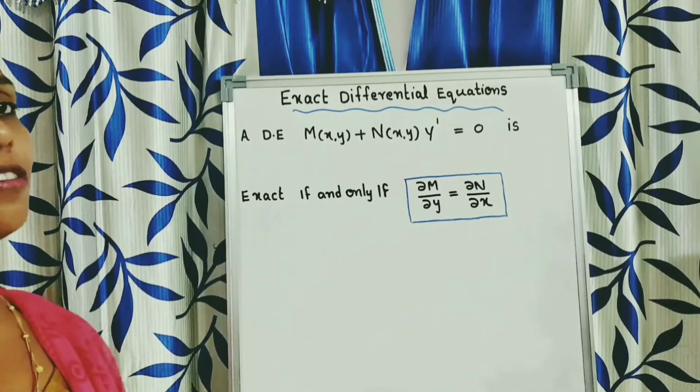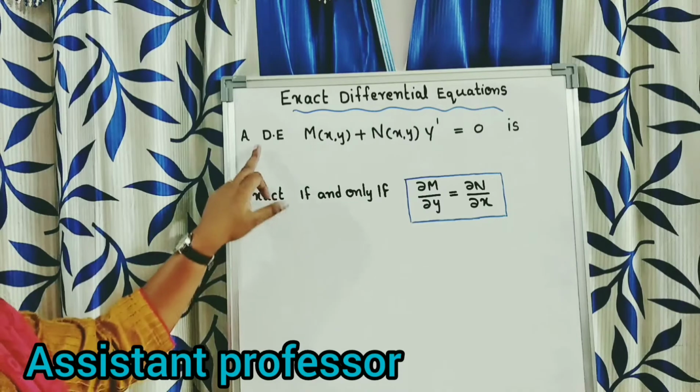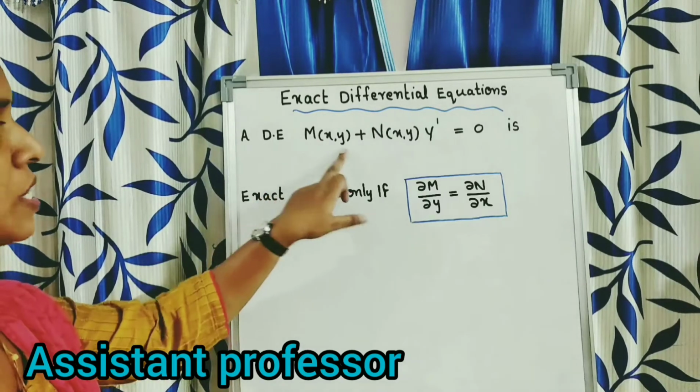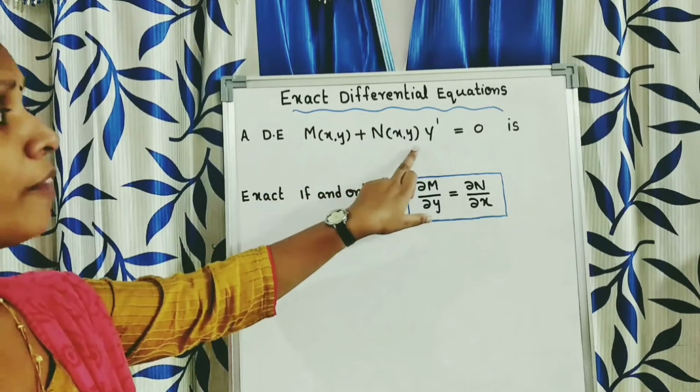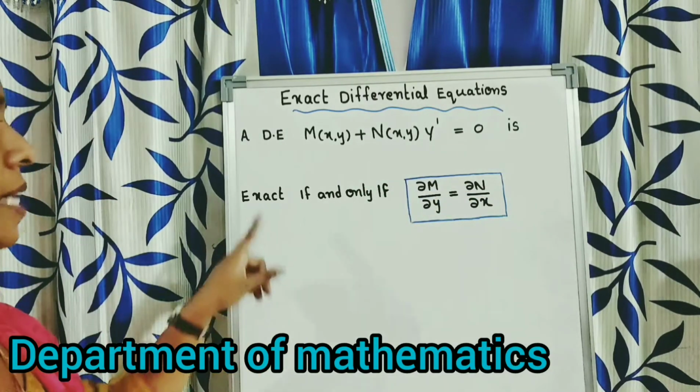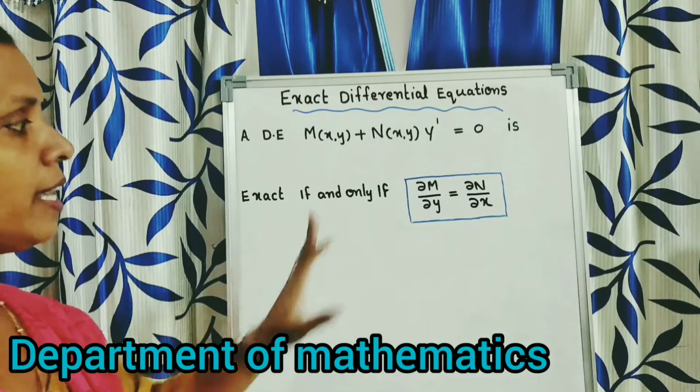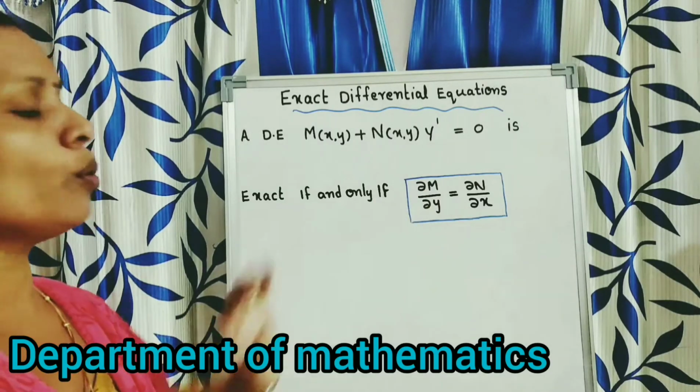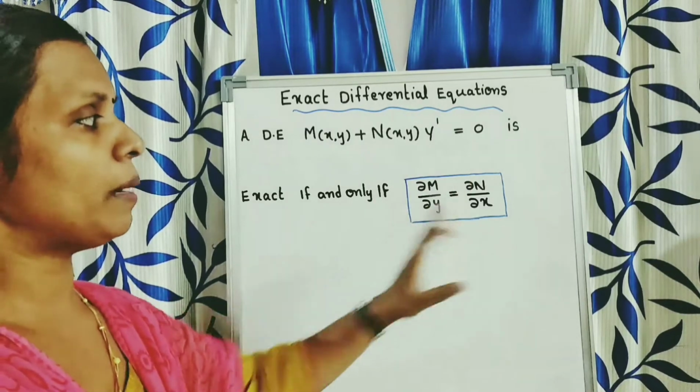What is an exact differential equation? A differential equation M(x,y) plus N(x,y) y' equal to 0 is exact if and only if ∂M/∂y equal to ∂N/∂x.